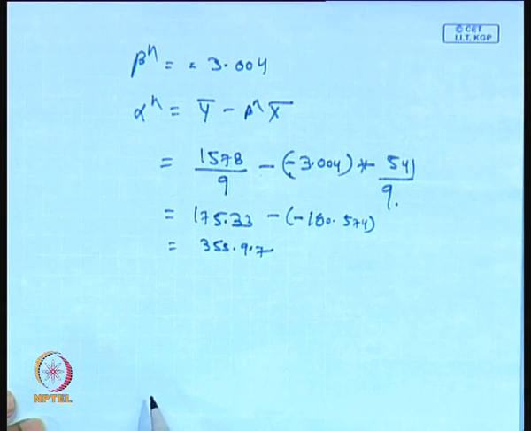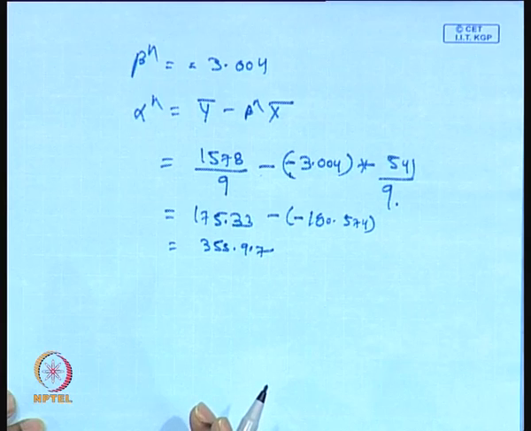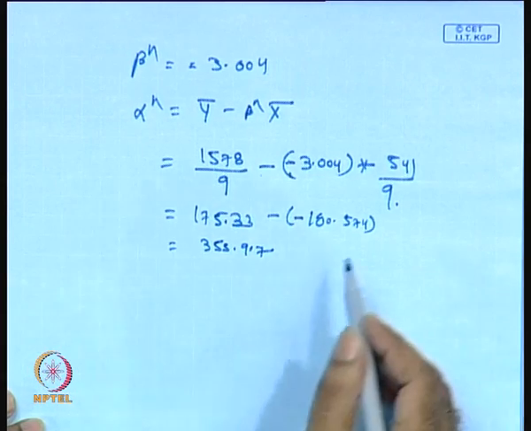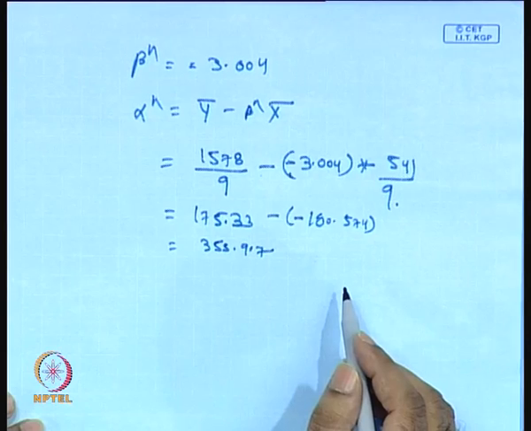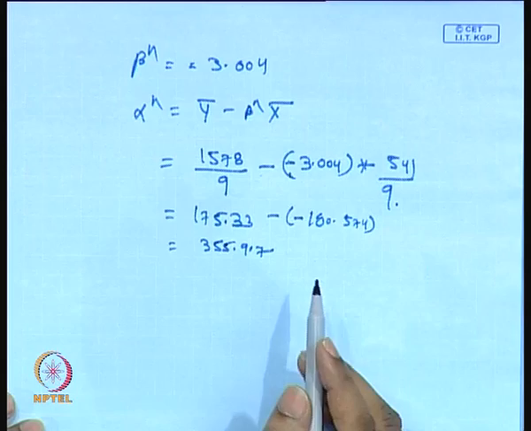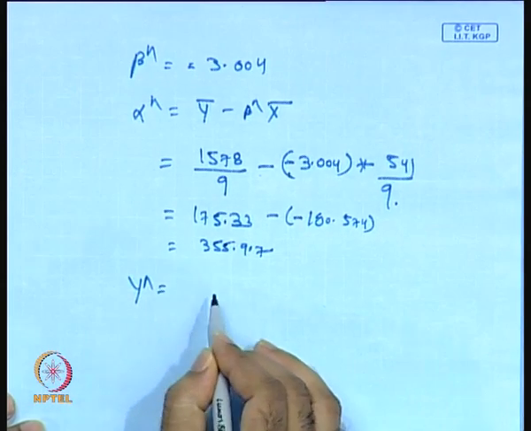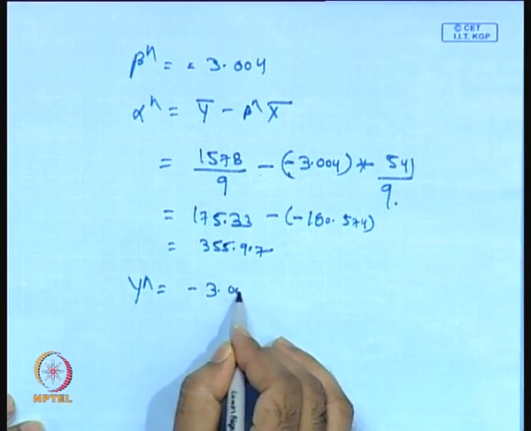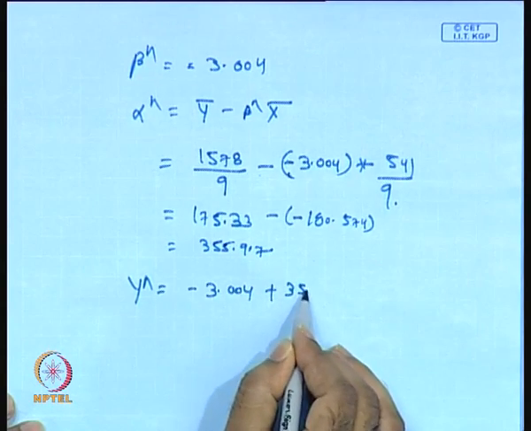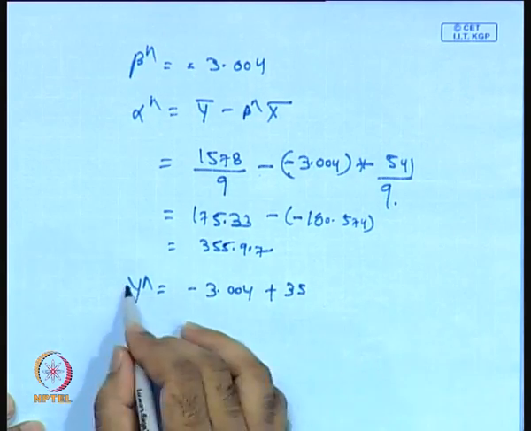So this is how alpha hat equals y bar minus beta hat x bar. So y bar equals 175.33 and x bar equals 180.574. So obviously if you simplify, then you will get the term 355.907.